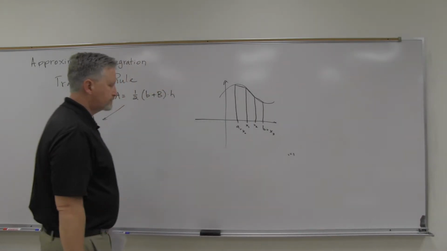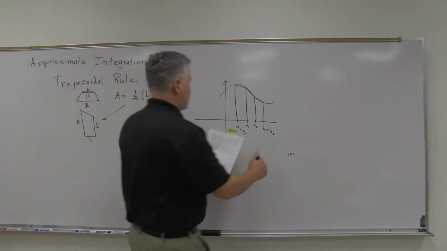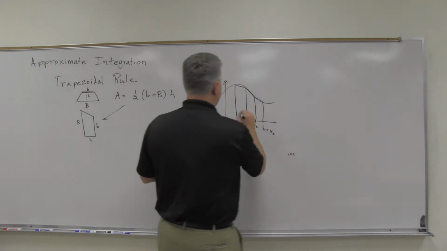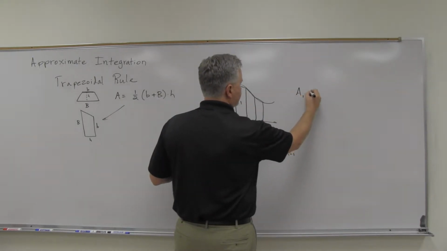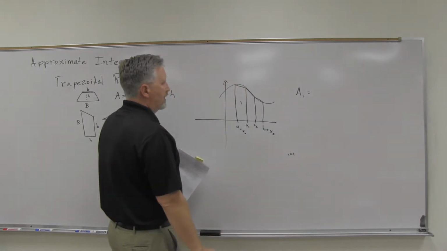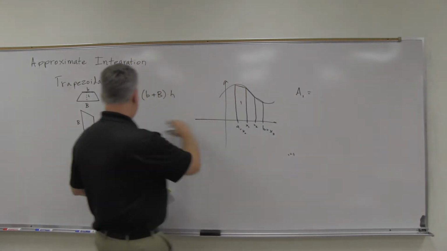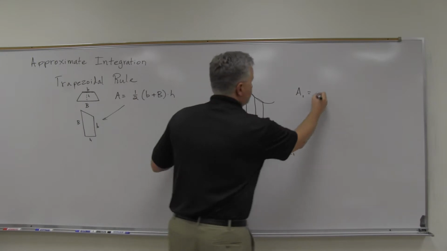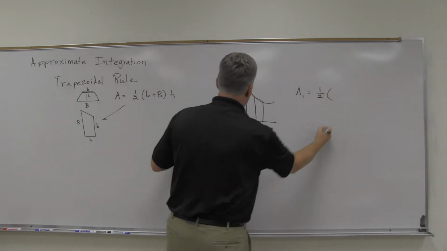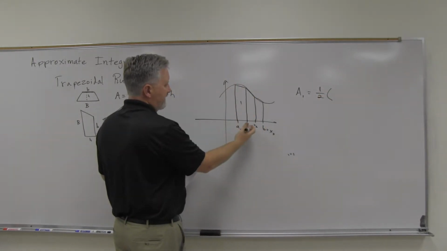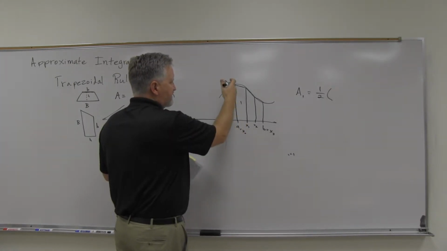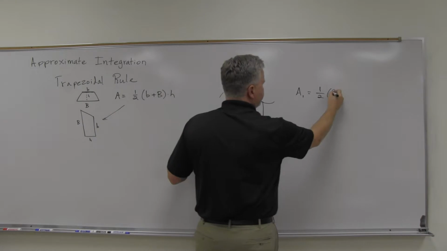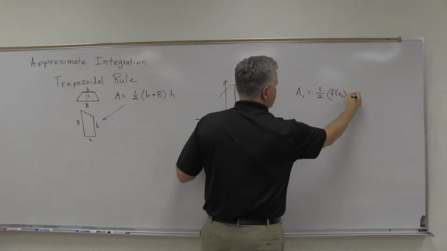connect there. And so we've got 3 different trapezoids, you see. All right? So what's the area of number 1 here, trapezoid? Well, the area of that trapezoid, 1/2 times the little b, f of x, well, let's just do it this way. It'd be f of x0 plus f of x1, right?